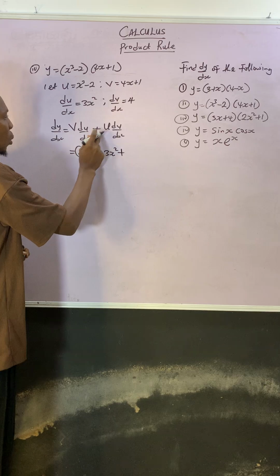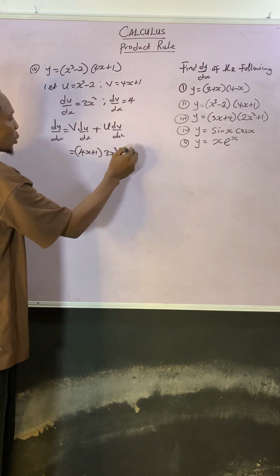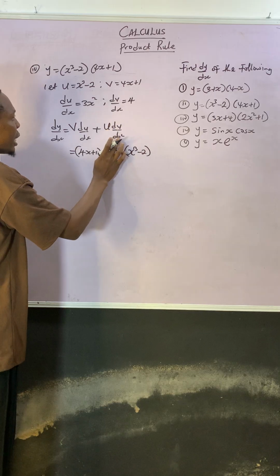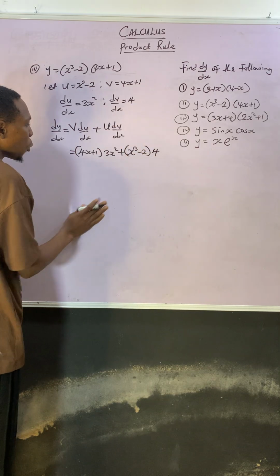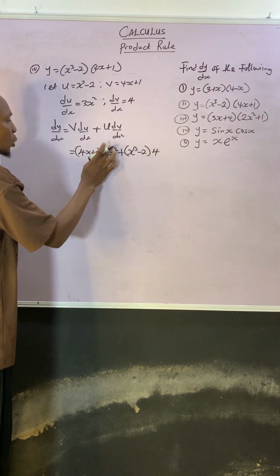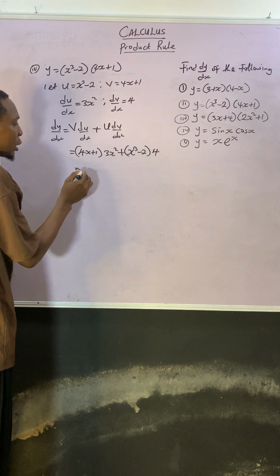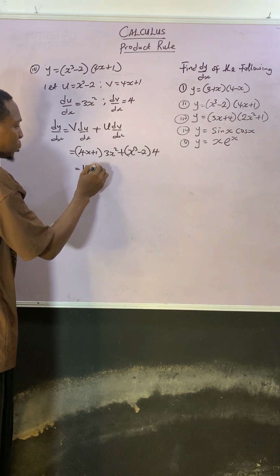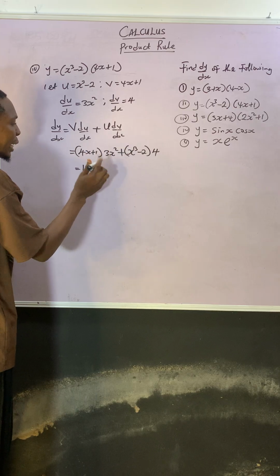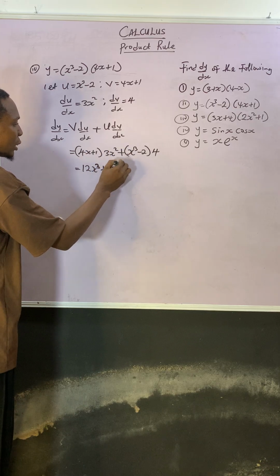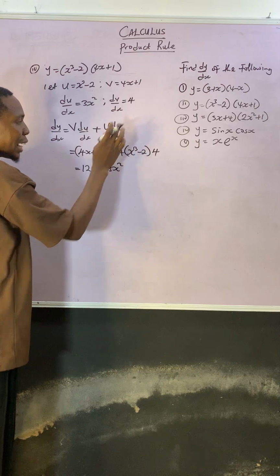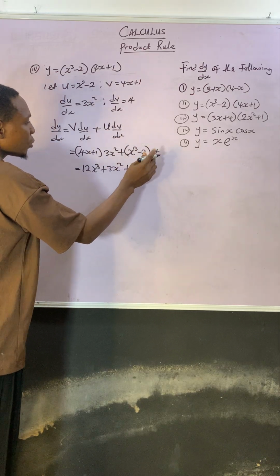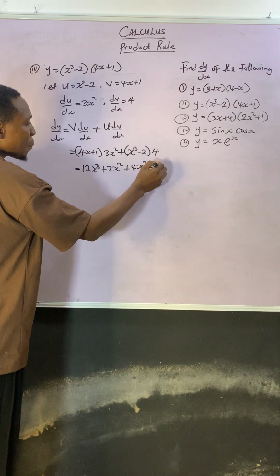Then plus, what's our u? u is x cubed minus 2. Then what's dv/dx? It is 4. So 3x squared times 4x gives us 12x cubed. 3x squared times 1 gives 3x squared. Then 4 times x cubed gives plus 4x cubed. 4 times minus 2 gives minus 8.